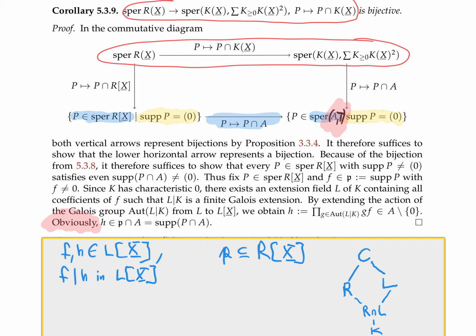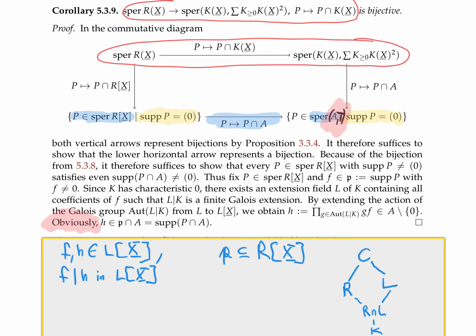F actually has all its coefficients in R intersected L, right? Because the coefficients of F lie in R, but also in L by construction of L. So F has its coefficients in R intersected L, and H has its coefficients actually in K even, so in particular also in R intersected L, right?